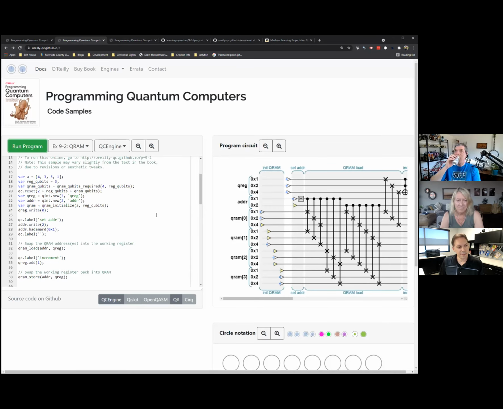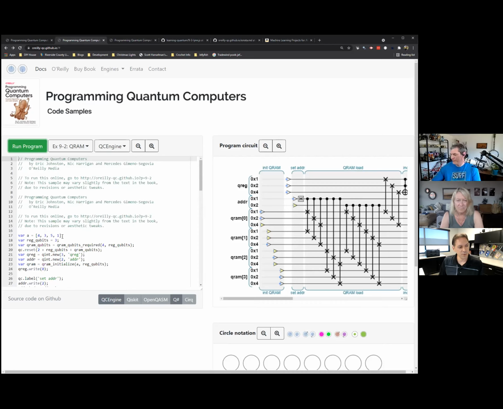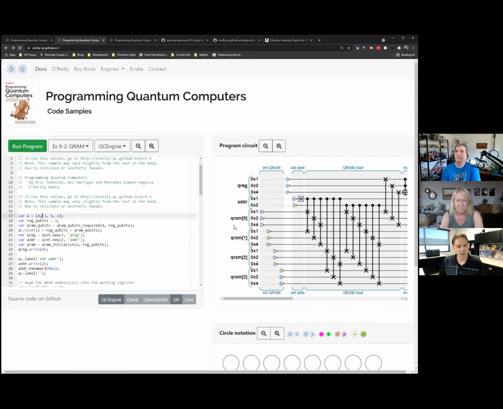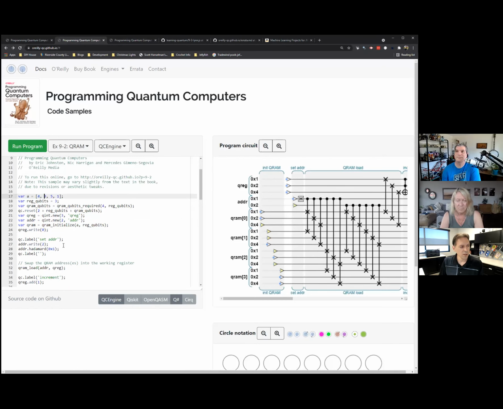Where he starts, again, I had to really figure out what he was doing. We have our same array 4, 3, 5, 1, and he's actually encoded that here. So his QRAM 0 is our representation of 4. He's writing that. We've got 3 in our second area, 5 in our third, and 1 in our fourth. So that's exactly what these are.